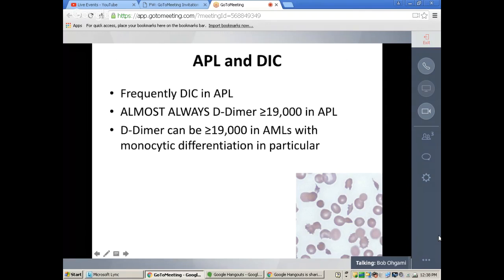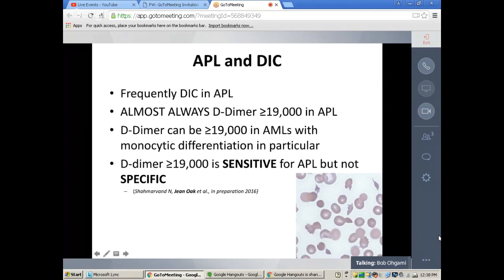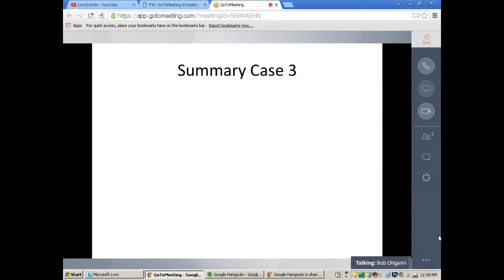The D-dimer level is high in acute promyelocytic leukemia, but it can also be high in AML with monocytic differentiation. So a very high D-dimer level, basically at the upper threshold of whatever assay you're using, is sensitive for acute promyelocytic leukemia, but it's not specific. It's useful to initially figure out if you might be dealing with APL. Our clinicians use that a lot here now.